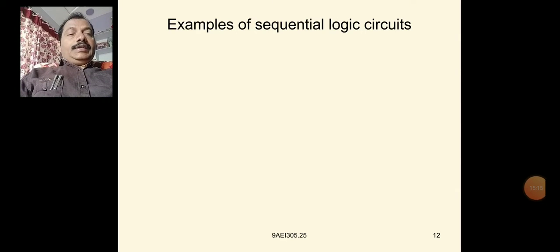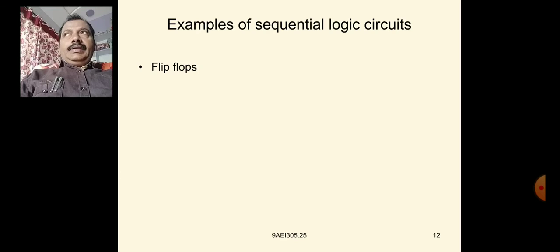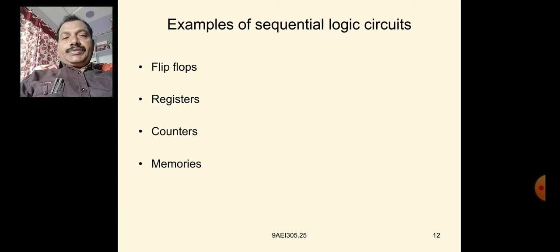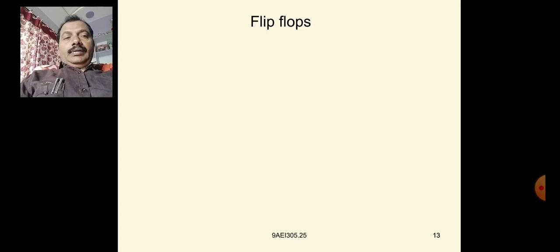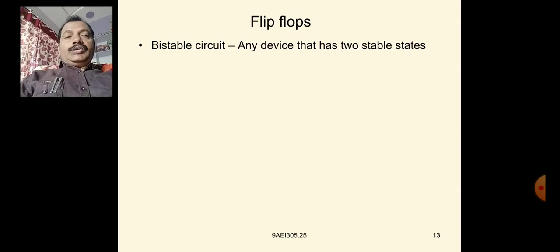Let us see examples of sequential logic circuits. In this, we study flip-flops, registers, counters, and memories. Let us see flip-flops first. It is a bistable multivibrator circuit. Any device that has two stable states is called a bistable circuit.